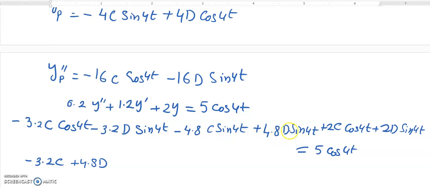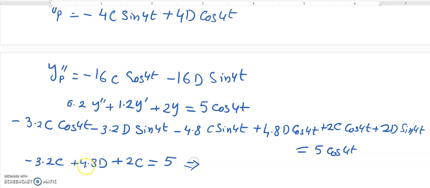It should be cosine, because when we took it from here it should be cosine. So I made a mistake again. So it is plus 4.8d and then plus 2c, and this will be equal to 5.